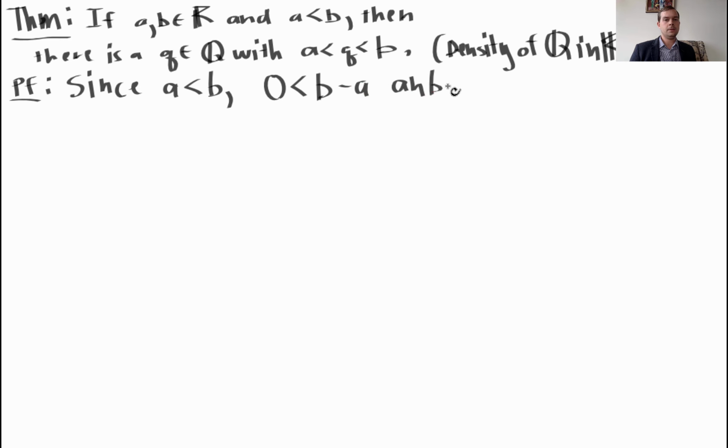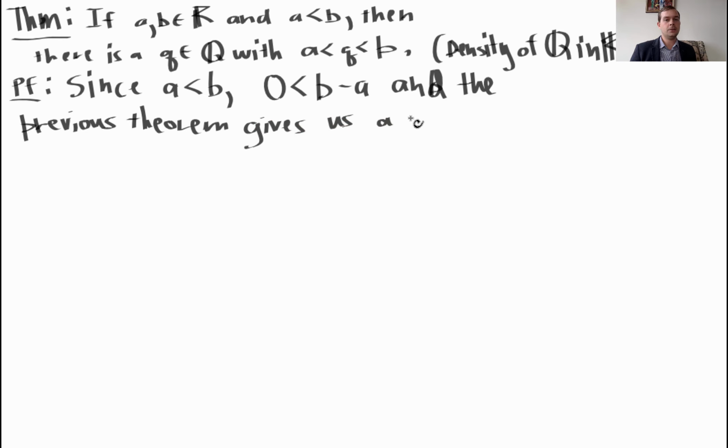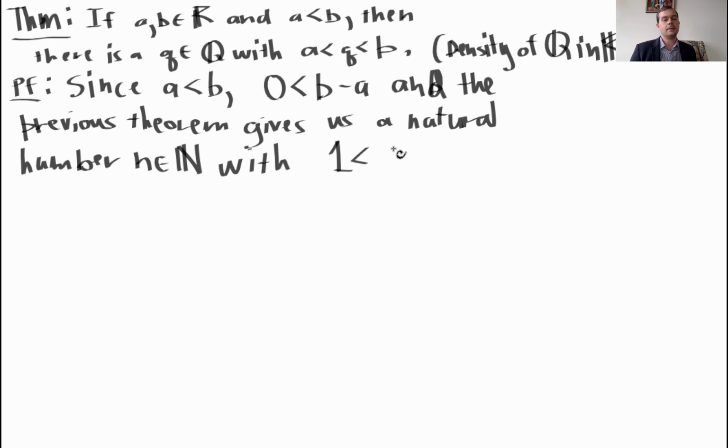And the previous theorem, or the Archimedean property, where we're using b minus a in the place of a for the Archimedean property, and 1 in the place of b, gives us a natural number n with 1 is less than n times b minus a.